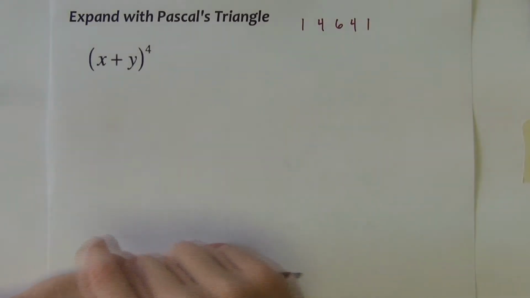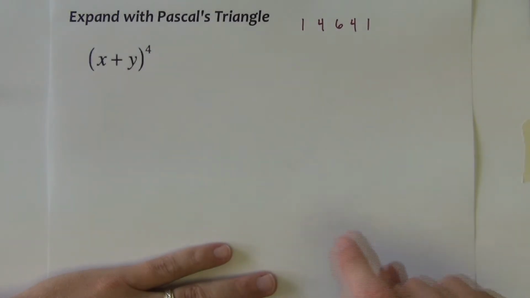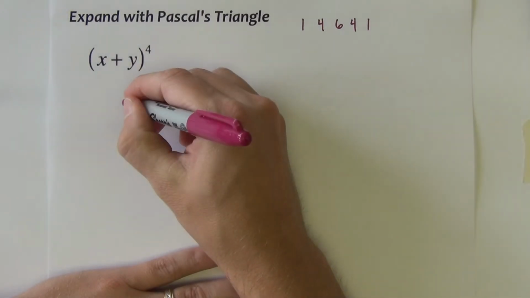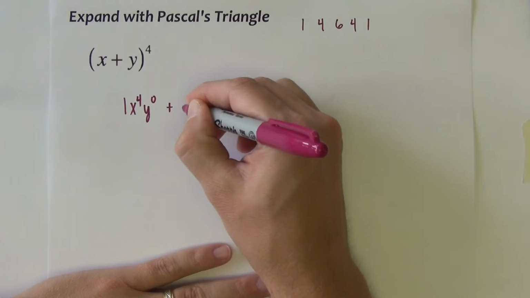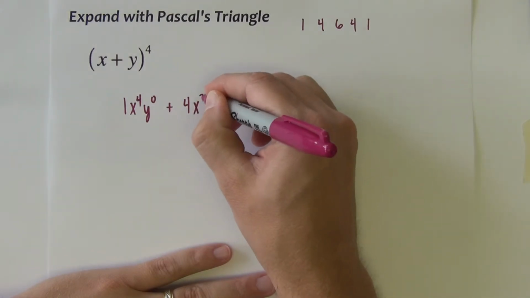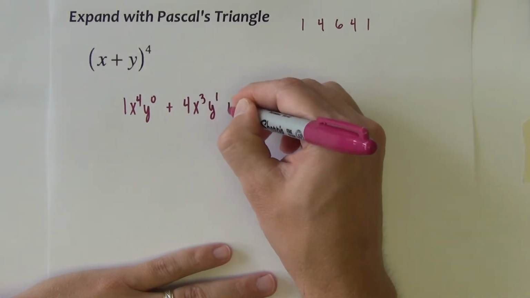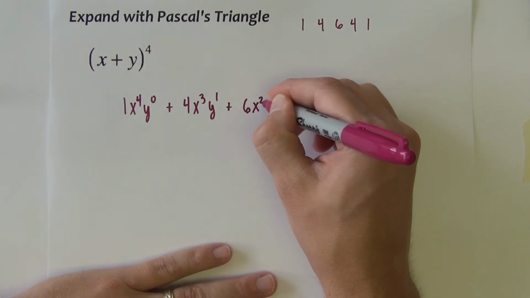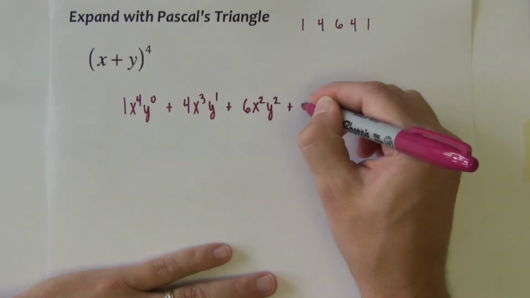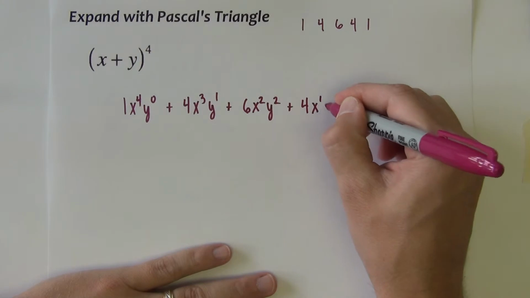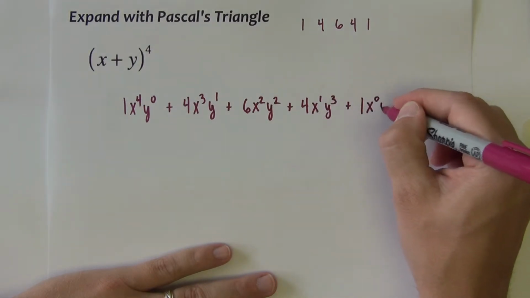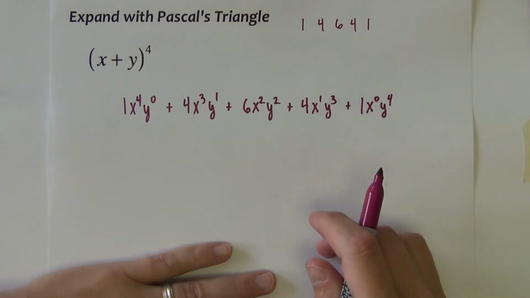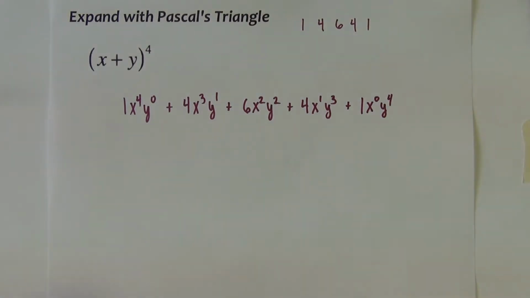Let me write the whole thing out first, and then I'll talk you through the pattern of how I'm writing it out after I do it. All right, there it is.